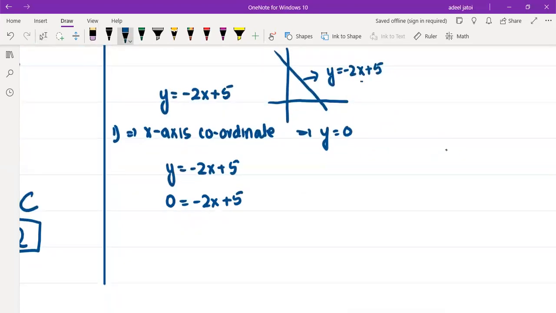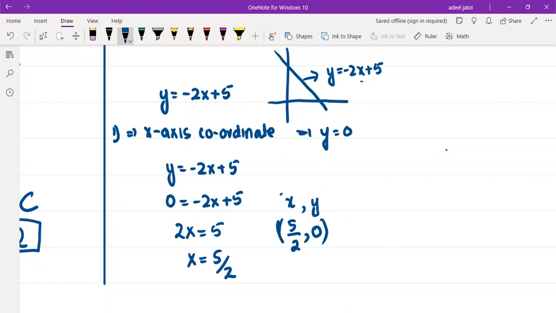So minus 2x goes on that side, becomes positive 2x. Since 2 is being multiplied, it should be divided. So the x coordinate is 5 upon 2. The coordinate would be 5 upon 2, comma 0. Why did we do this? Because we always write x and y as your coordinates.